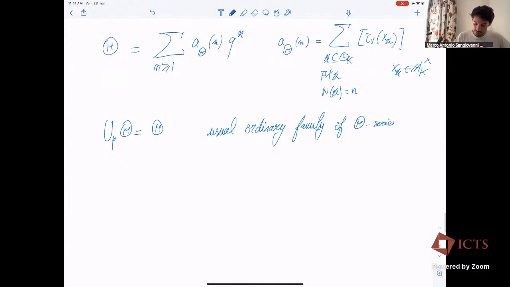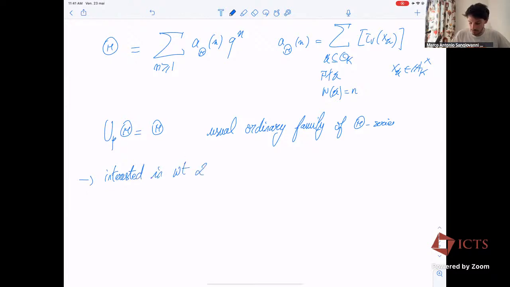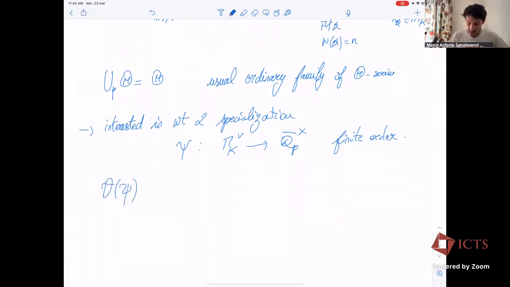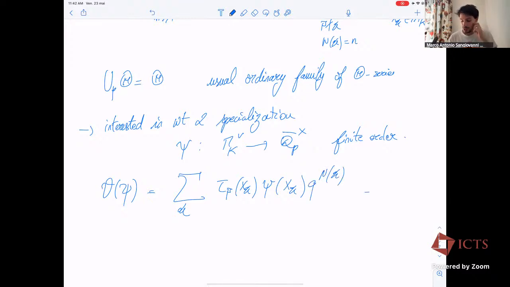And we will be interested in the weight 2 specializations of this family. So if psi is a finite order character of Gamma_K,v to Q_p-bar cross, I can consider theta of psi, which is going to be the following expression: the sum over all the ideals as before of tau_v of x(A) times psi of x(A), and then q to the norm of A. This will be the q-expansion of the theta series in weight 2.